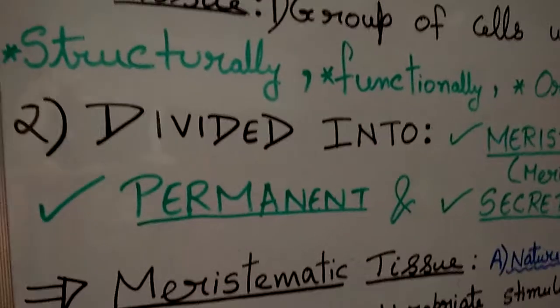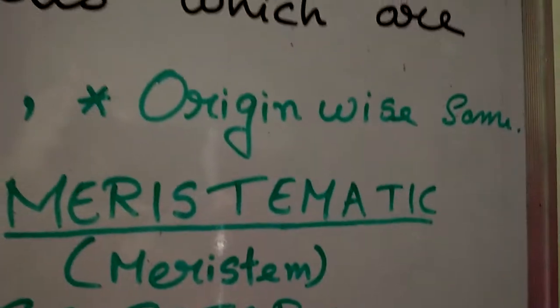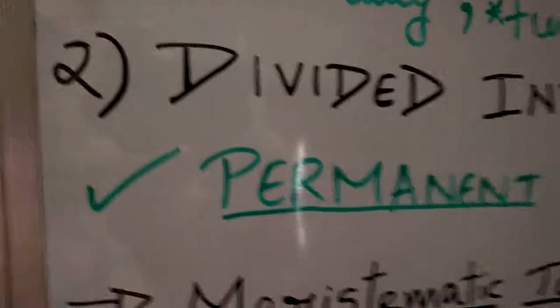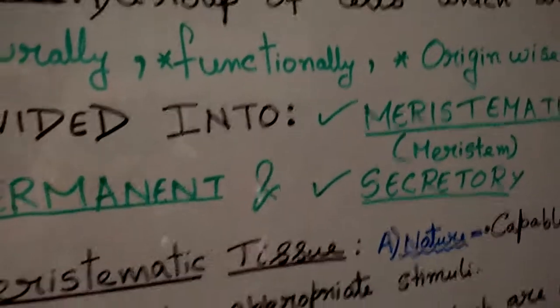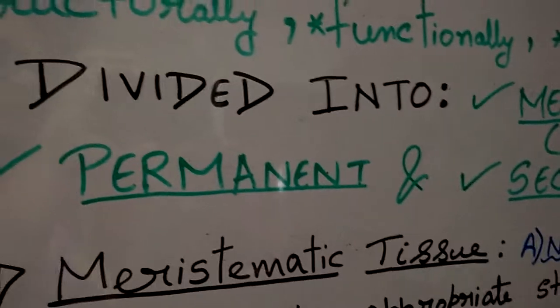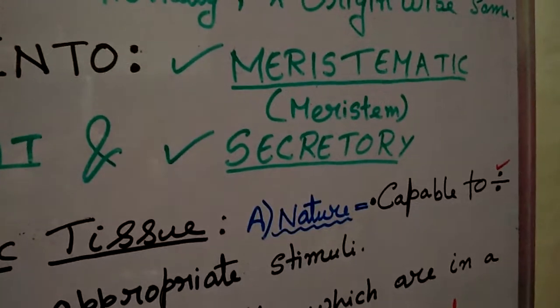Now tissue is divided into meristematic or meristem, permanent and secretory tissues. So there are three main classes of tissues, which are meristematic or meristem, permanent and secretory.